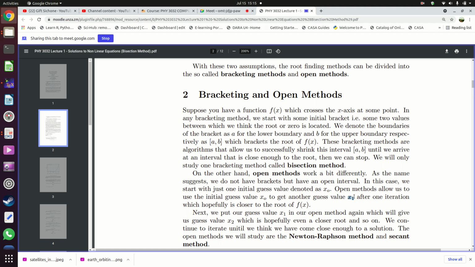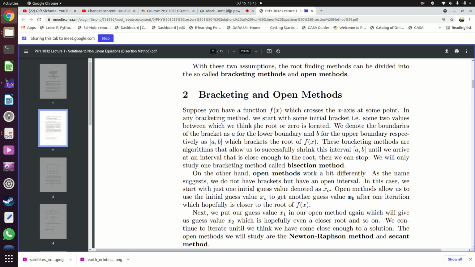Then you eat what you've got from there again, and it gets better like that. So the solution you get, you put it back in an open method, then you get a better solution. Is that clear, on what an open method does?